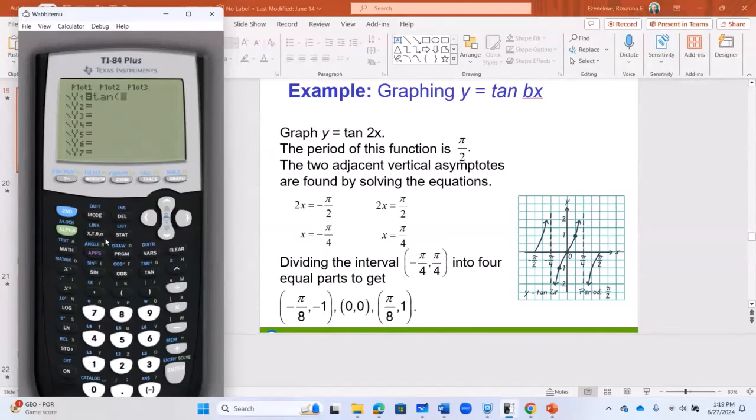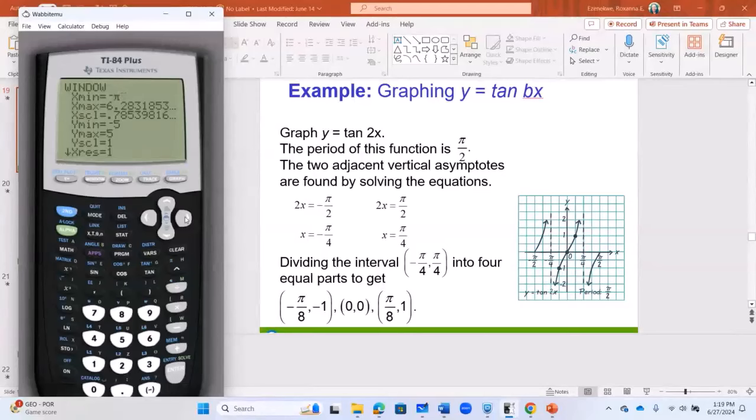So tangent of x, close parentheses, and I want to go to Window. I don't want to use 2 pi. Let me use negative pi to pi. That's what I want to use, negative pi to pi. In other words, 2 pi.